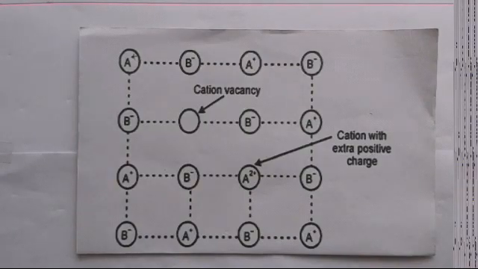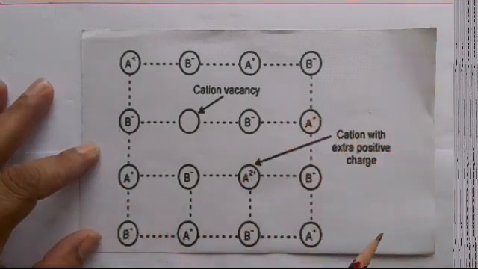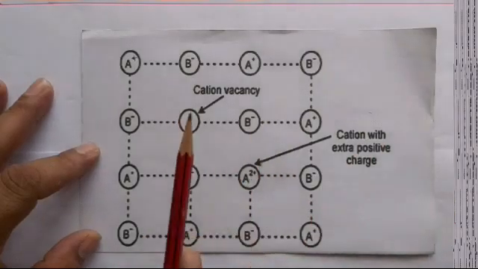This situation is shown by those elements which show various oxidation states, like in case of iron, ferrous oxide and ferric oxide, and many other such elements. So the extra negative charge may be balanced by some nearby metal ion acquiring two positive charges instead of one. This type of defect is possible in metals having various oxidation states. Now I have already used this diagram, I'm using it once again in this context.